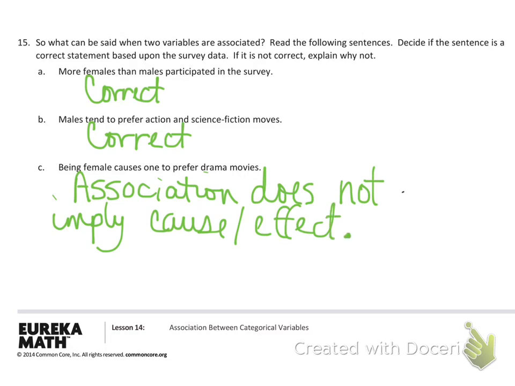We had an example back in the scatter plots. I don't know if you remember, we had the data, and I think it was an association between sale of ice cream on the beach and number of swimmers who needed to be rescued. And someone might want to say that ice cream consumption causes drowning from that data.